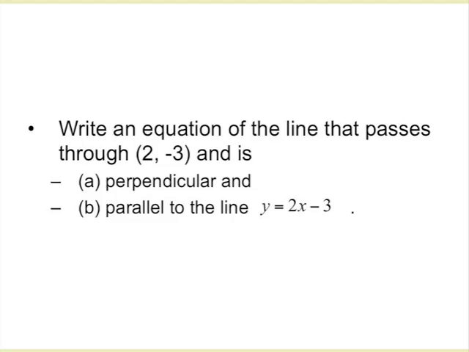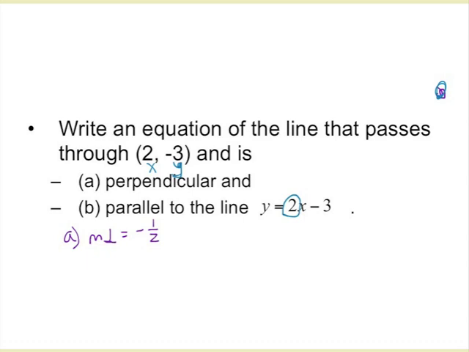Okay, try this problem, which is the same in that it has the same 2 parts. Okay, so we are given a point which gives us an x and a y. For part A, we want to be perpendicular, part B parallel, and we're given a line with a slope of 2. So for part A, where I want to be perpendicular, what slope should I use? What's going to be perpendicular to 2? -1/2. We need the opposite, so one should be positive, one should be negative, and we need a reciprocal, so we need to flip that over.